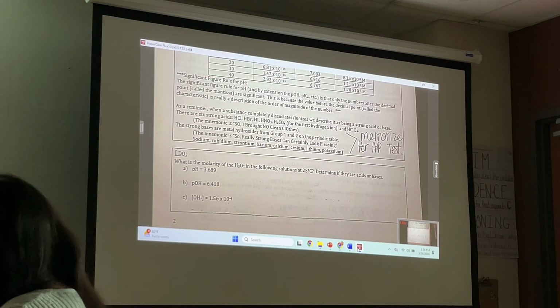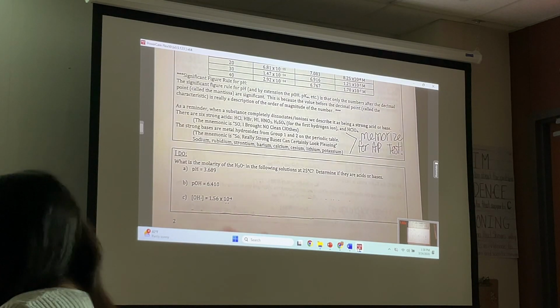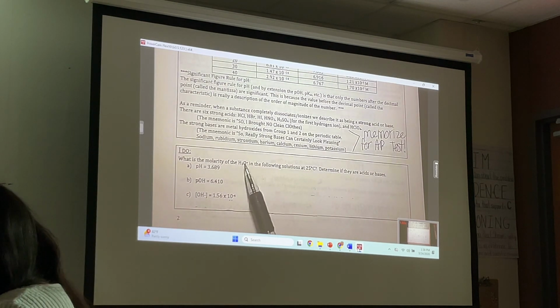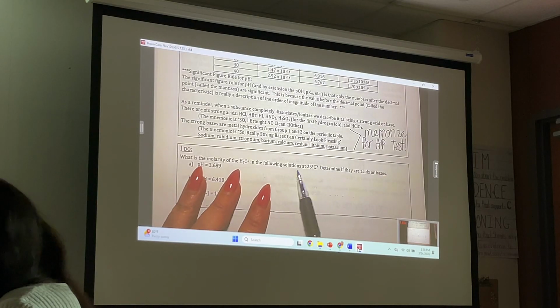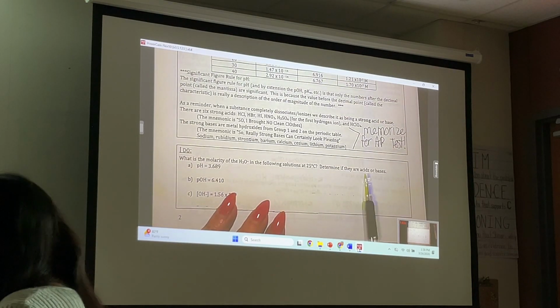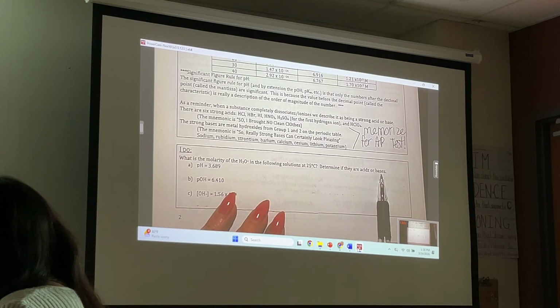All right. So we're going to be using the little circle today to determine exactly everything that we have, and it's real easy and it flows real smoothly. It says, what is the molarity of H3O in the following solutions at 25 degrees Celsius? Determine if they are acids or bases.